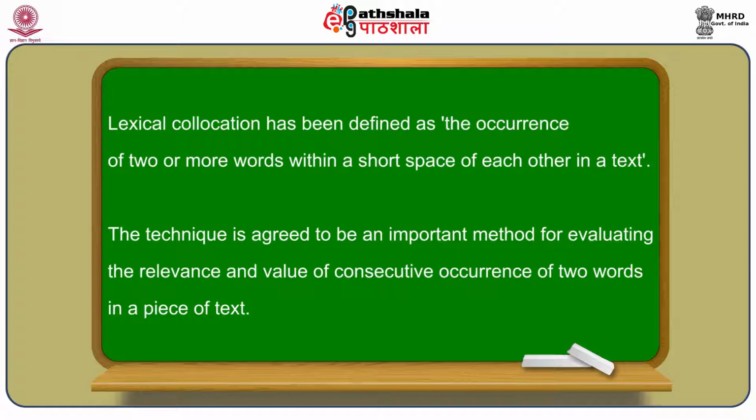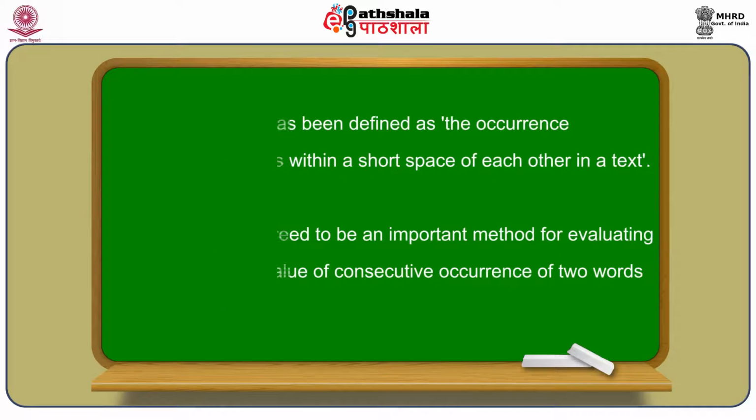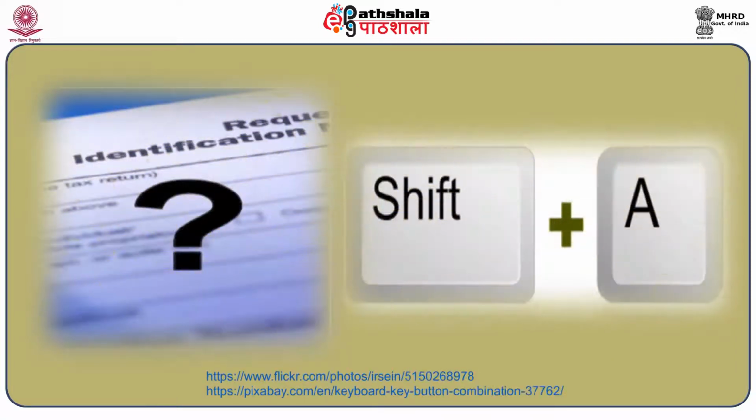So collocation is a very important part of understanding which two words actually combine together. It is a technique through which we are able to identify which two words combine together most of the time while they occur together in a sentence in a corpus. So the first part is identification of those words which often go together.